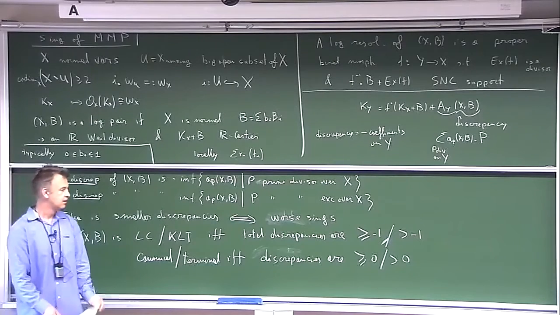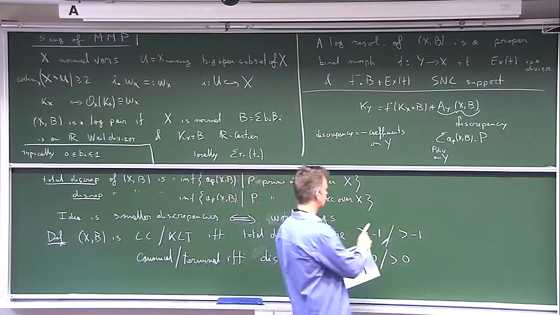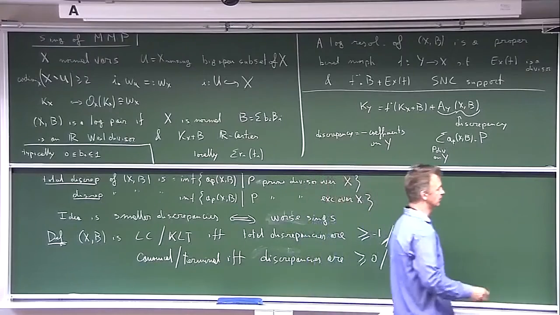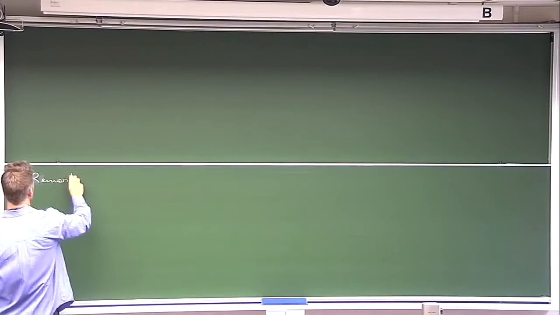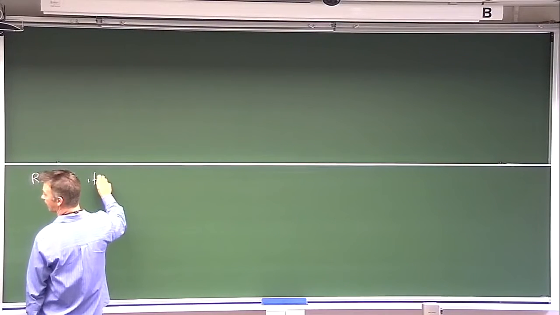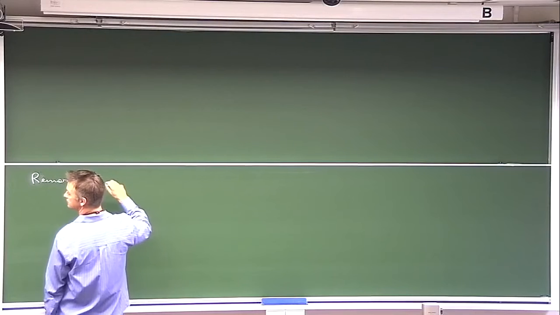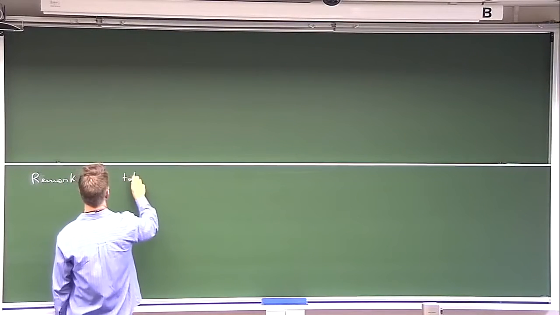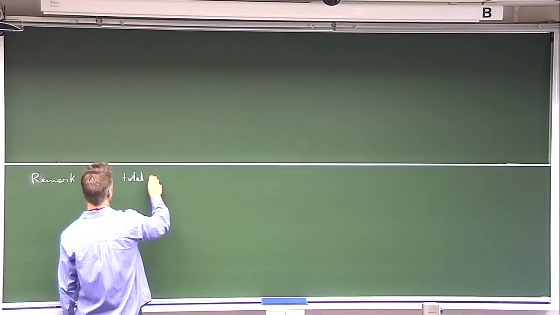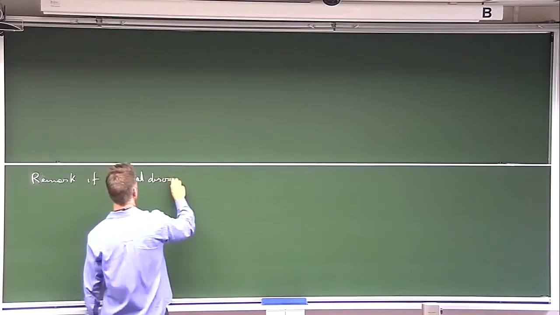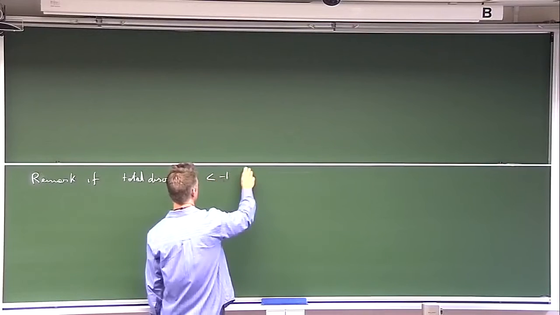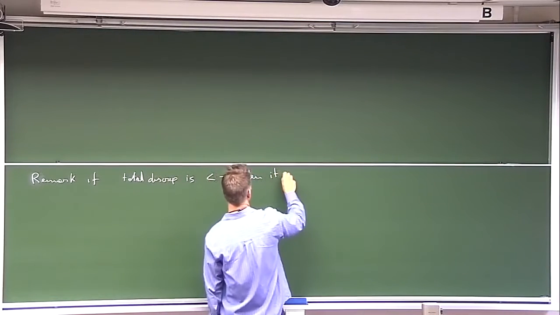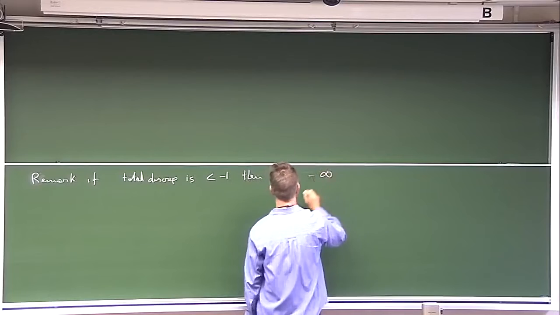So let me show you why -1 really is a breaking point. Remark: if the total discrepancy or the discrepancy is less than -1, then it is -infinity.